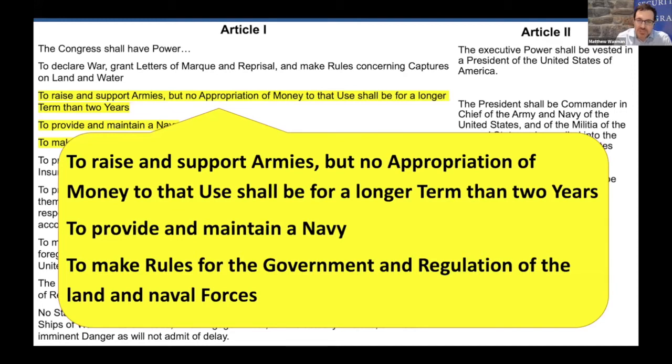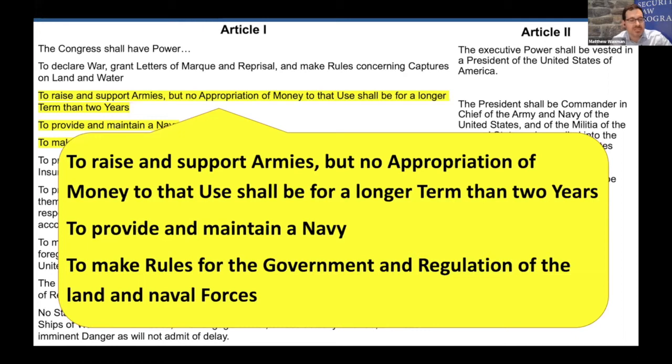But that was a controversial idea. Those who were going to be asked to ratify the Constitution worried about standing armies. And the drafters therefore added a caveat on the Army Clause that no appropriation of money for the Army shall be used for a longer term than 2 years.